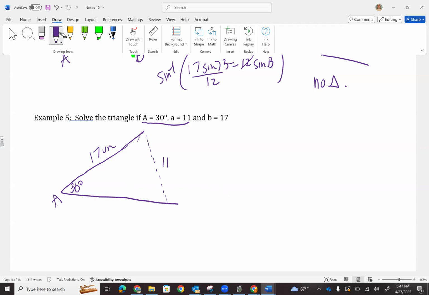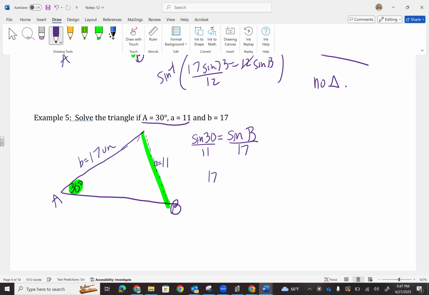We know where they need to be placed because A and A are across from each other, and the B they give us is across from B. I would always put the second side in between the given angle and side, if it's angle side side. And so we're going to do law of sines to solve and find angle B. Sine of 30 over 11 equals the sine of angle B over 17.